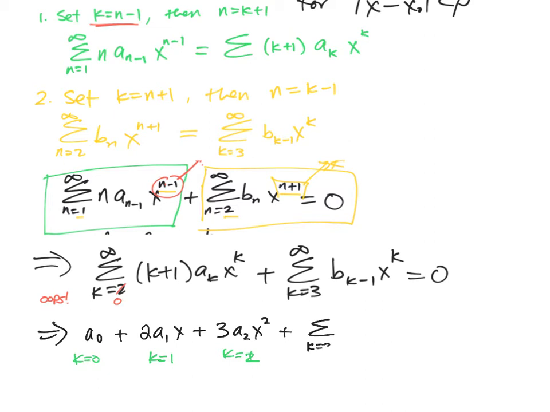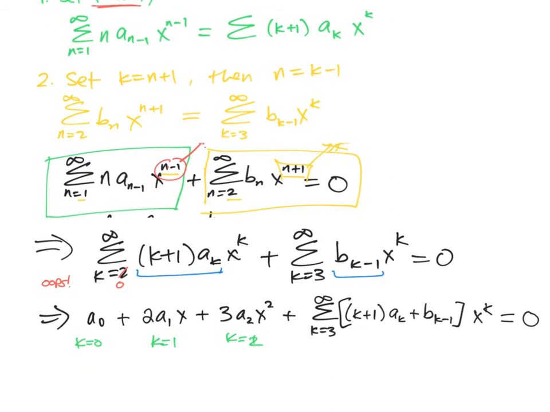And for the rest of them, we can sum them all together. So for k equals 3 to infinity, we get the sum of this coefficient plus this coefficient, which is k plus 1 a_k plus b_{k minus 1}, quantity times x to the k. And we have this equal to 0.